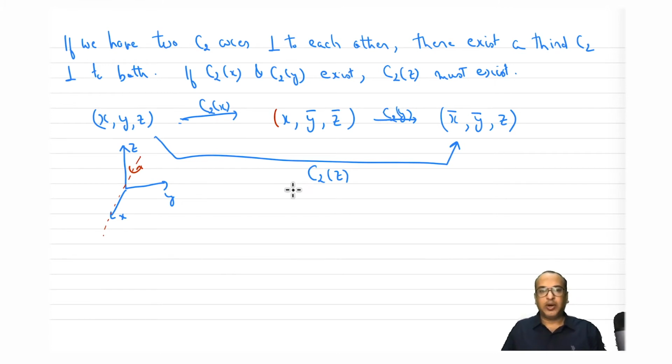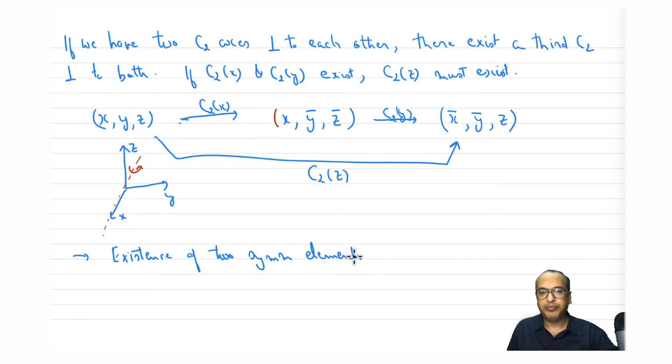So this is called the product or combination of symmetry operations. That means we can say that the existence of two symmetry elements may automatically require a third one to exist.